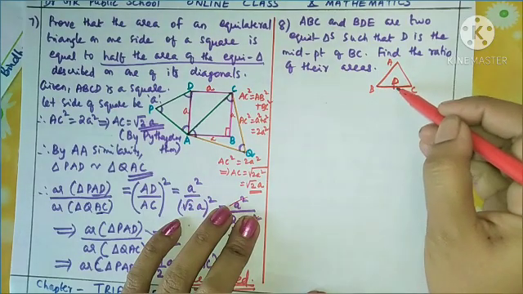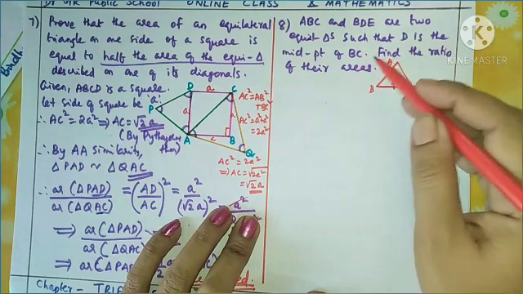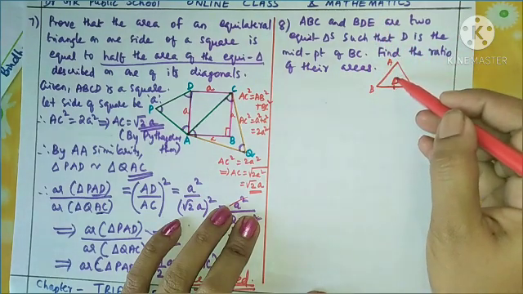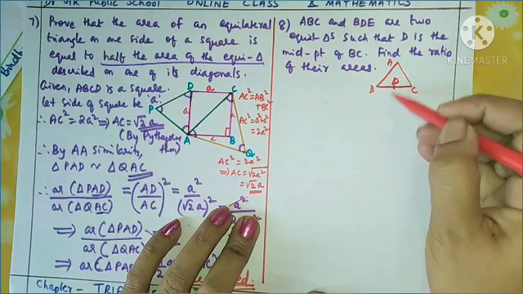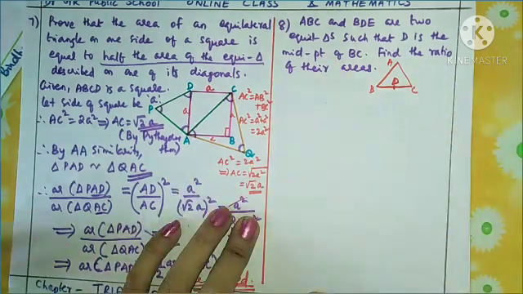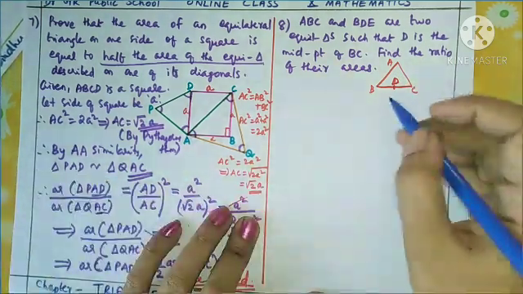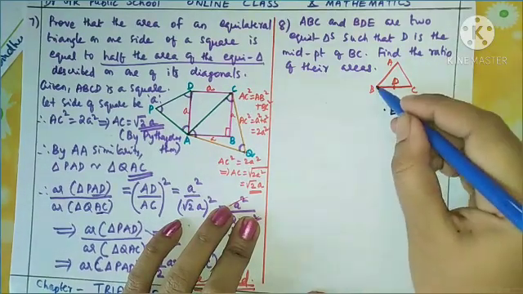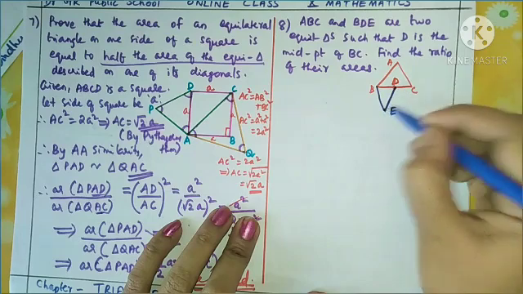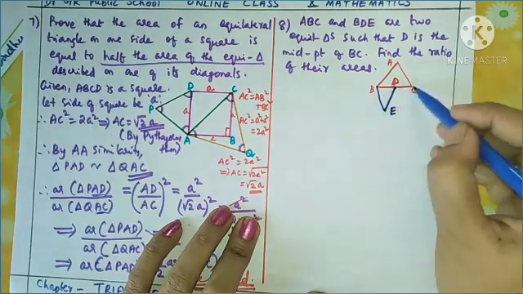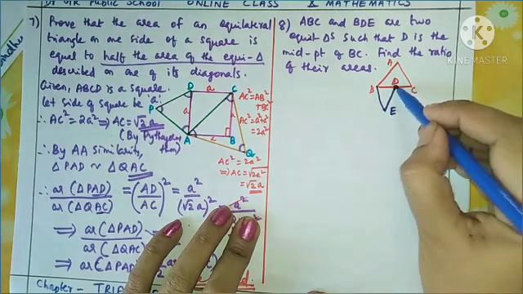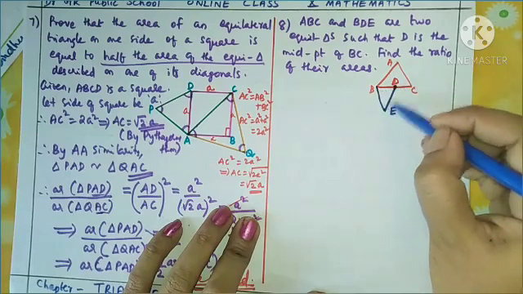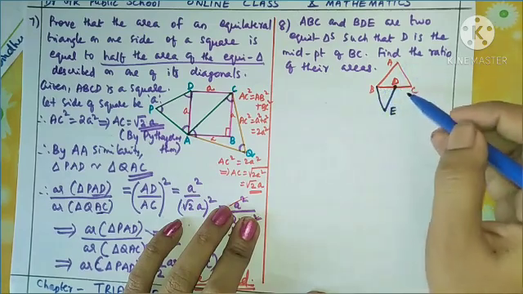It is not given where point E is, whether inside or outside of the triangle. But if I assume E is somewhere here, I can draw a triangle like this. We can imagine it like this.